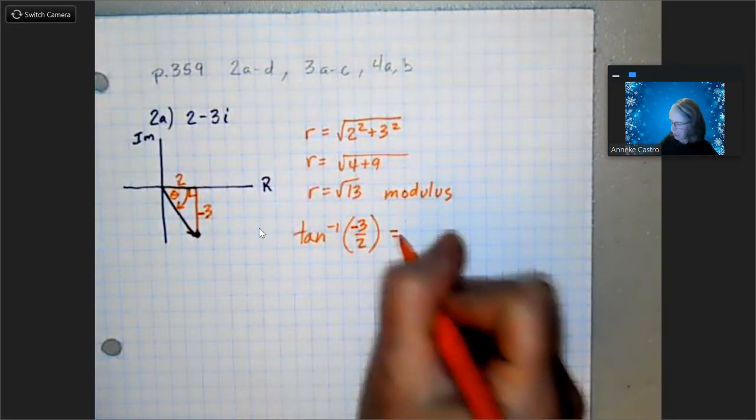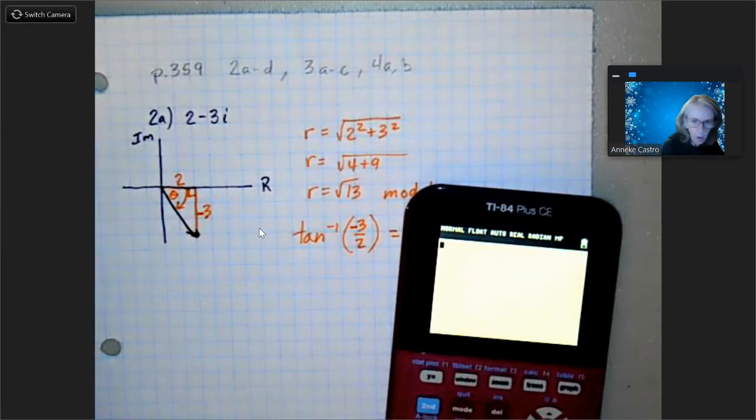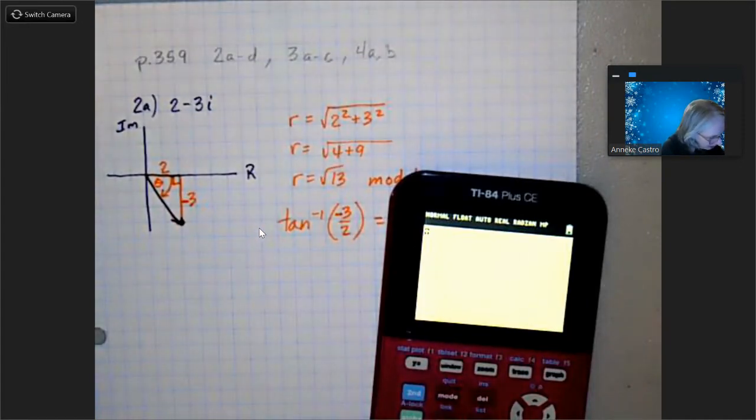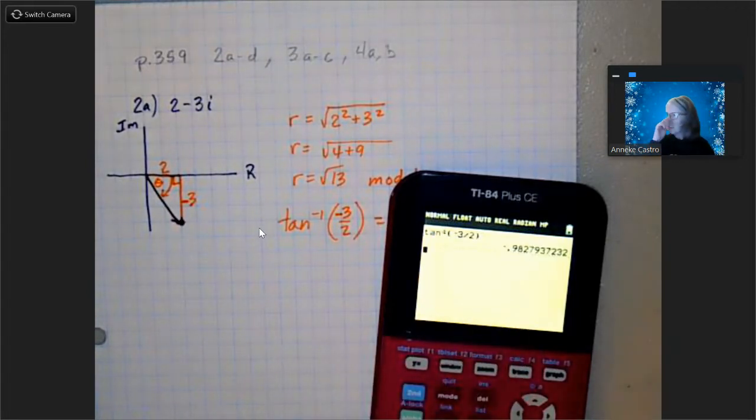And we're going to put that into our handy dandy calculator. So I'm going to do arctan, or tan -1 of -3 divided by 2. And notice I'm in radians. I believe in the directions I said I wanted you to use radians in your answer.